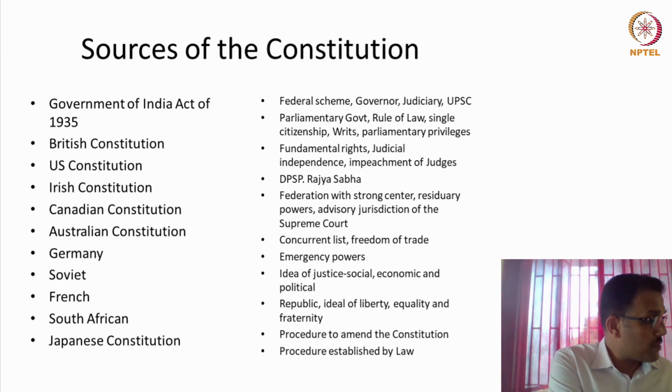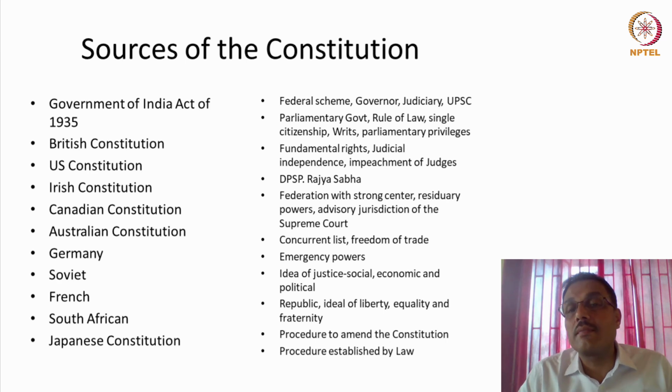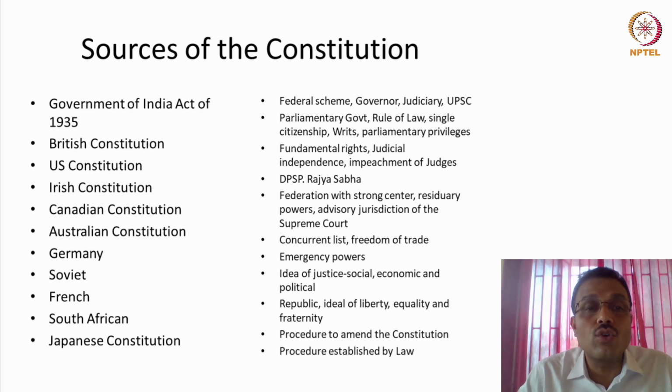There are many such aspects that I'll tell you as we go further. But at this point of time, just quickly to cursorily look at one. Please note, where did the idea of federal scheme, governor, judiciary and public service commission in the Constitution of India come from? I think the credit should go to the Government of India Act of 1935.